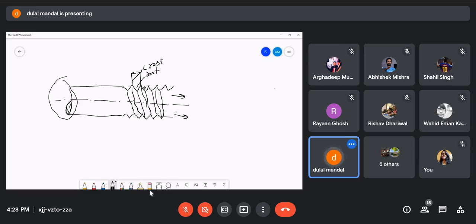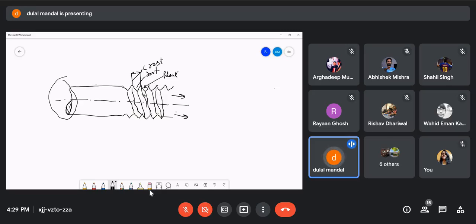And this portion is called the flank. Please remember all this nomenclature, that means the different names.